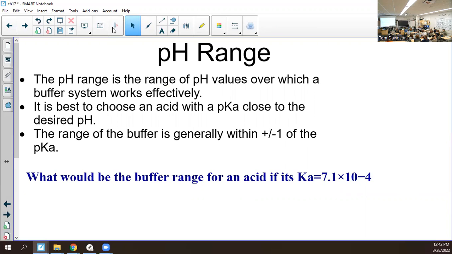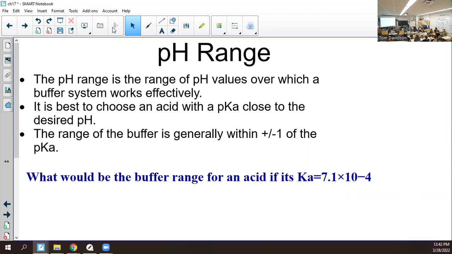So the pH range, this is not like the most important part ever of the buffer. But the pH range is the range of pH values over which a buffer system works effectively. So like your blood, we need to keep it right around 7.4.